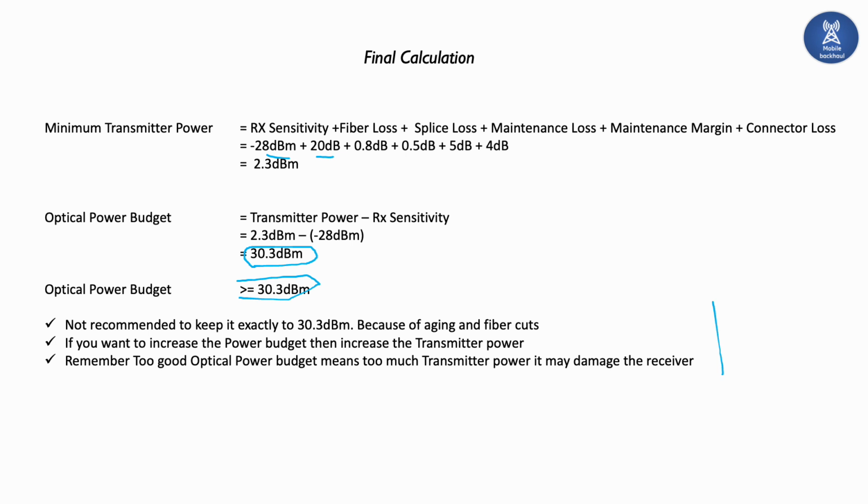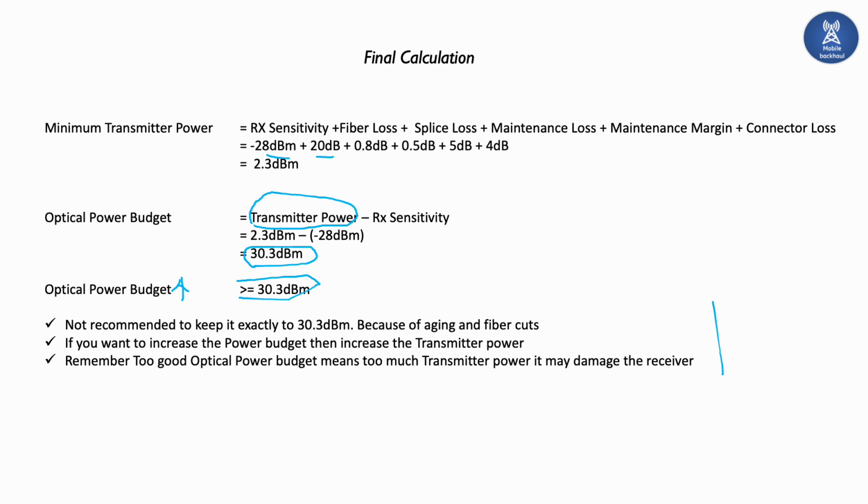So in order to accommodate these things, we need to increase the optical power budget. What is the option available for us? The only option is to increase the transmitter power. If you increase the transmitter power, your optical power budget will increase, which means your network is better able to handle the future losses of the system.